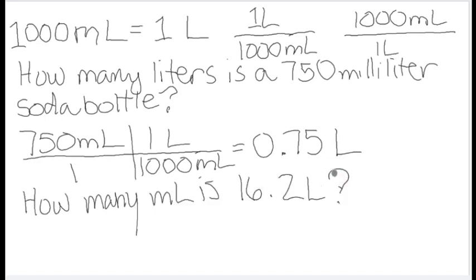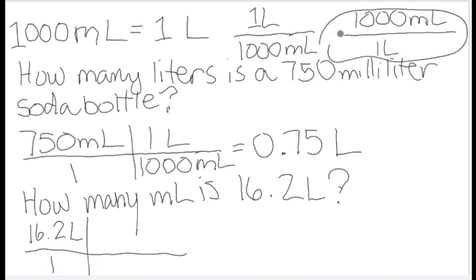How many milliliters is 16.2 liters? So we'll take 16.2 liters, put it over 1. Find the conversion factor up here that's got liters on the bottom to cancel. And liters gets a 1. This time we're multiplying.